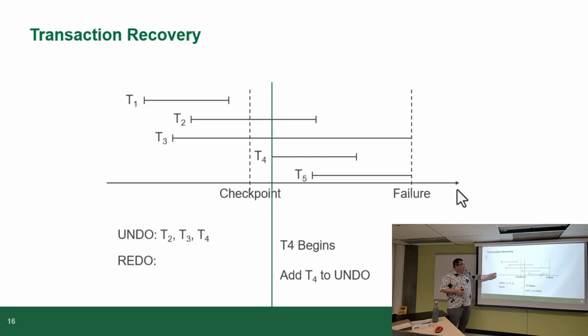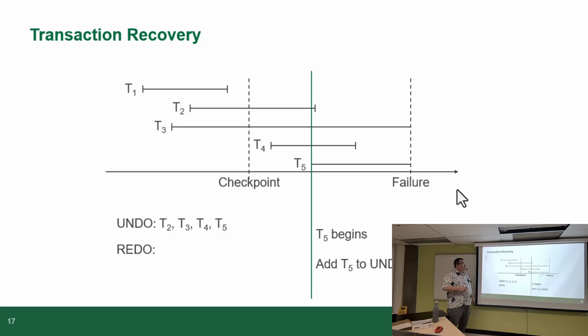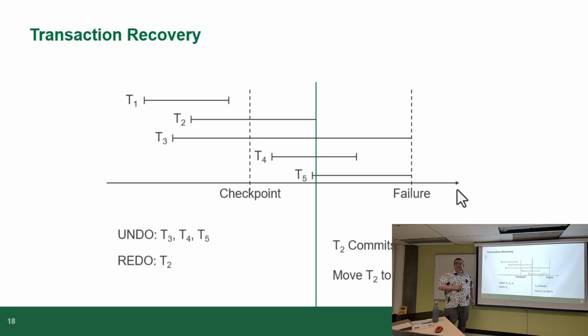So right now we hit the checkpoint, 2 and 3 on undo. We start transaction 4. Transaction 4 moves to undo because it's in process. Transaction 5 begins. It also goes to undo. Transaction 2 completes. It gets moved from undo to redo.